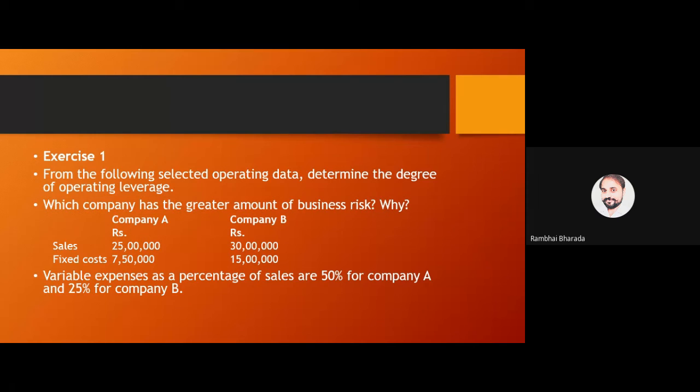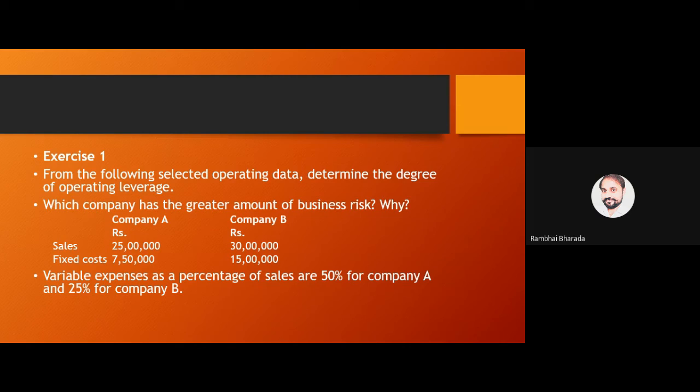For B, 22,50,000 upon 7,50,000. That is 2.5 in case of A, and in case of B it is 3. Are you getting the same answer, all of you? In case of A 2.5 and in case of B 3.